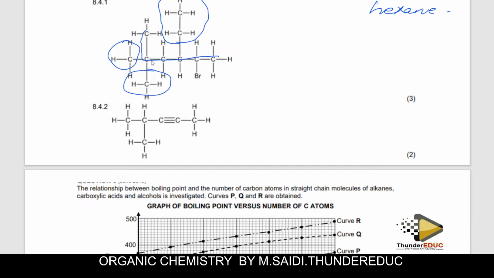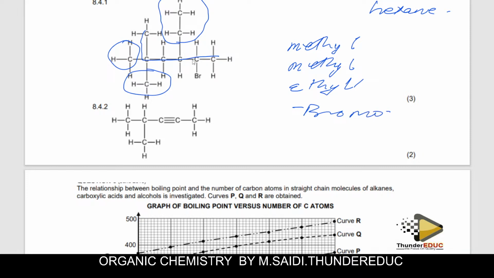If this one is meth, yl, then this one is eth, yl. Now I need to know the position. There is also this bromo. If I'm counting from the side, it's going to be 2. This methyl is going to be 3, then 4, 5.